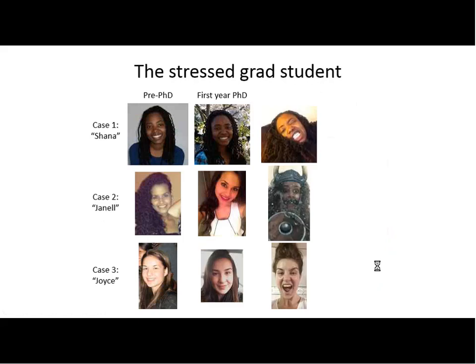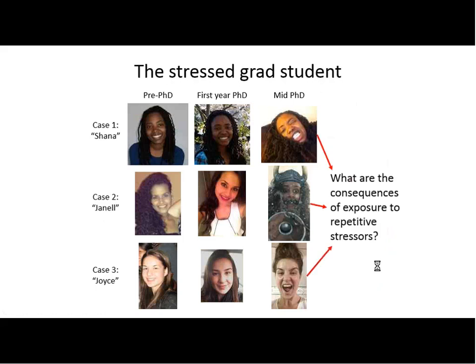But later on into the PhD, things are hard. I have male students, but they don't fit this model, which is funny and not. But our question is, what are the effects of repeated exposures to these repetitive stressors?